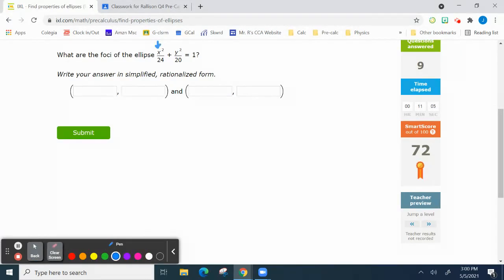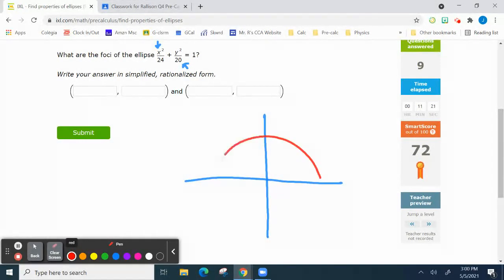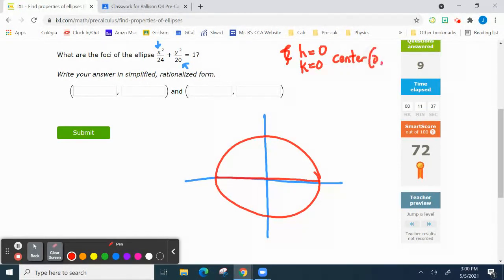Because that's got a 24 there, and a 20, but that's not much smaller. So it's fairly roundish. So that's the major axis right there along here. And I'm going to go to the center. Well, I'll write it out because I'm teaching. h equals 0 and k equals 0. So the center is 0, 0.